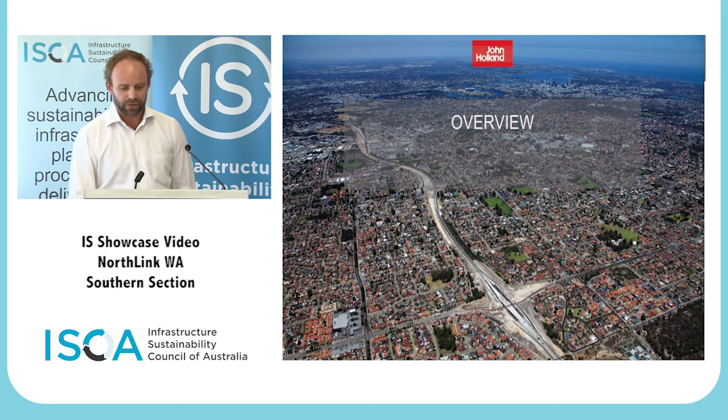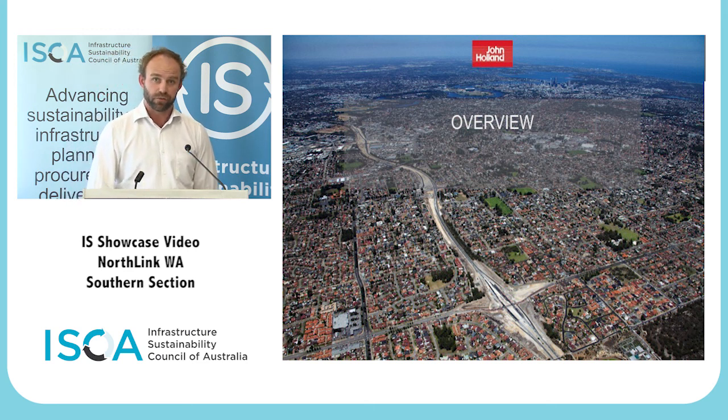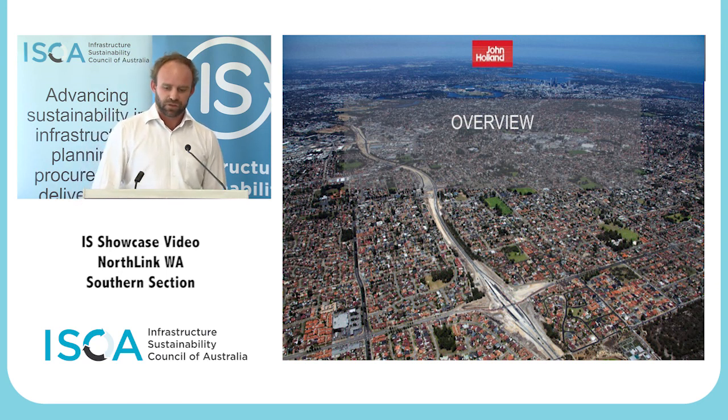You can see in the shot there that it's in a heavily urban area. You might be able to make out the fact that the Perth CBD is about 15 kilometres to the west, and beyond that is the port of Fremantle. You can see the Swan River there, but it's probably the most notable feature is that it is a heavy urban area.